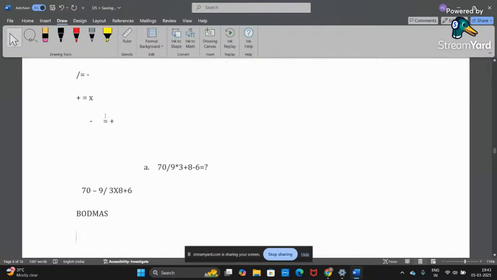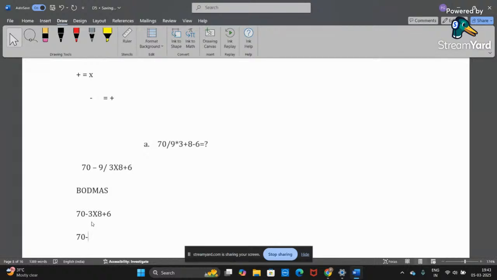BODMAS. So here we have to remove bracket firstly, but there is no bracket. O also is not there. D, division, we have to do division. 70 minus 9 by 3, it is how much? 3 into 8 plus 6. After division is done, next we have to do multiplication. 70 minus 3 into 8, it is 24 plus 6.